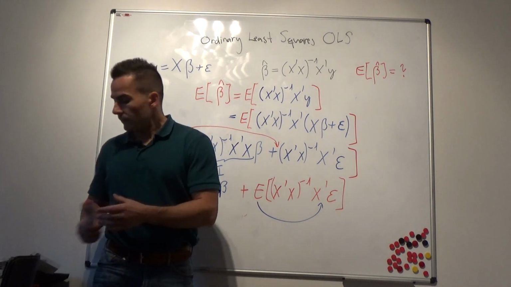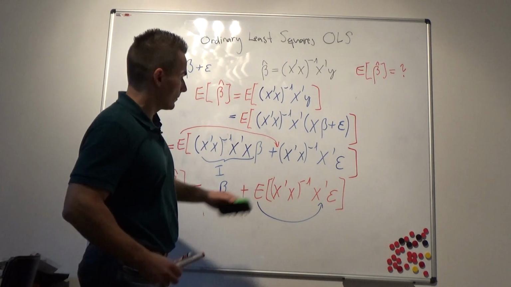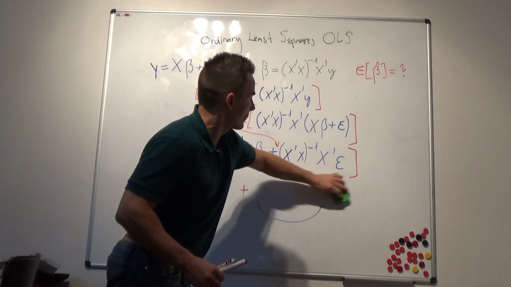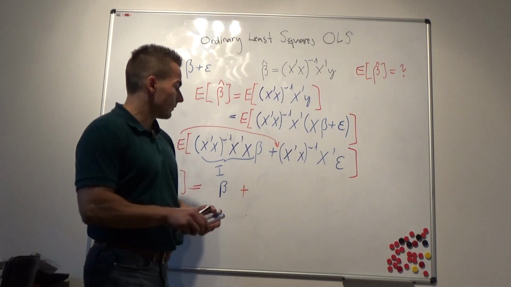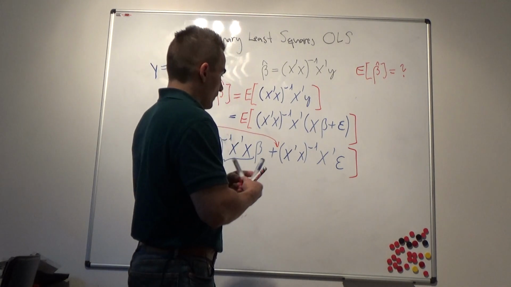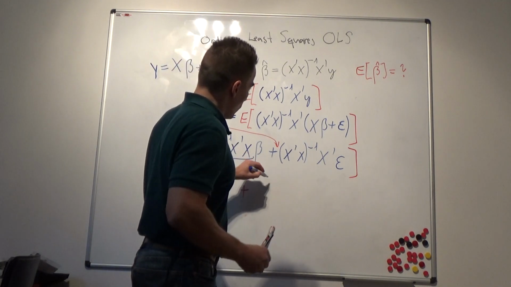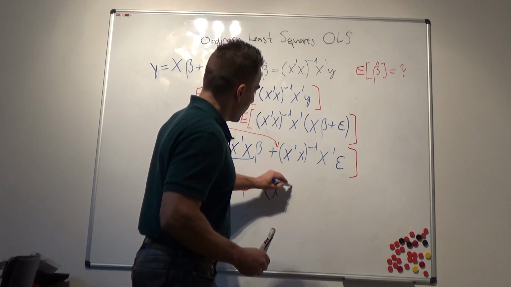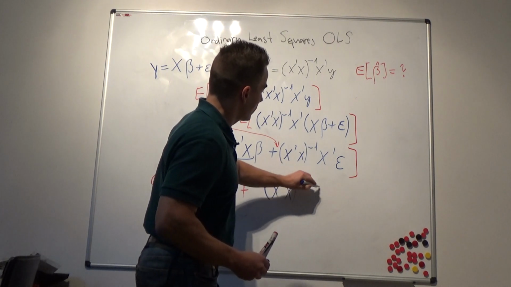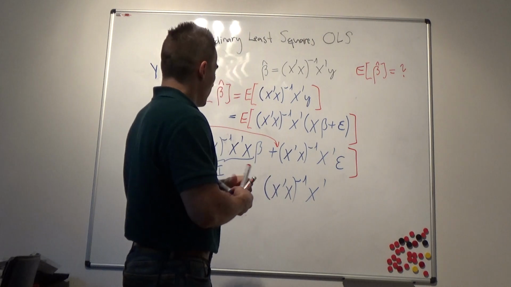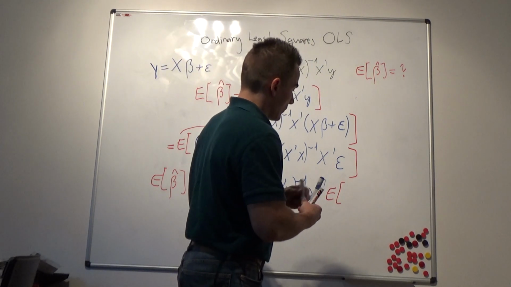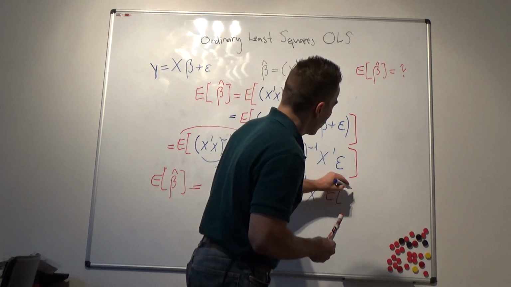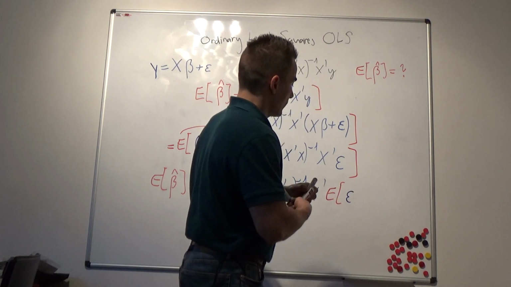So what remains then is x prime x inverted times x prime times the expectation of epsilon, right?